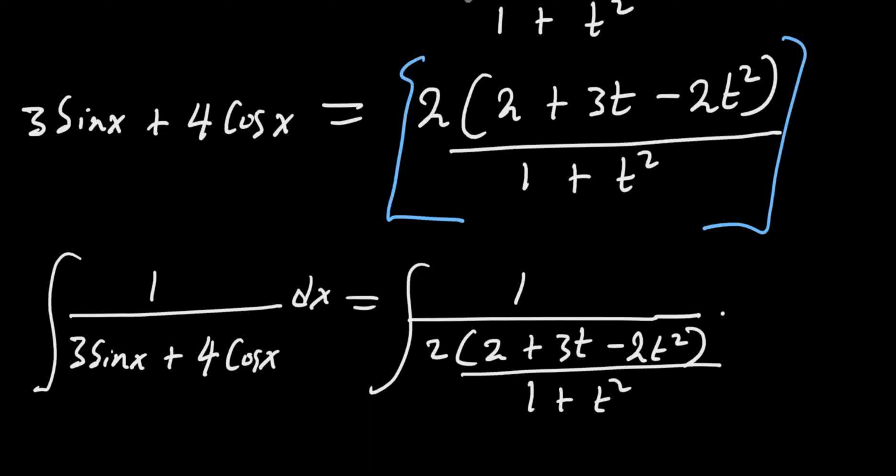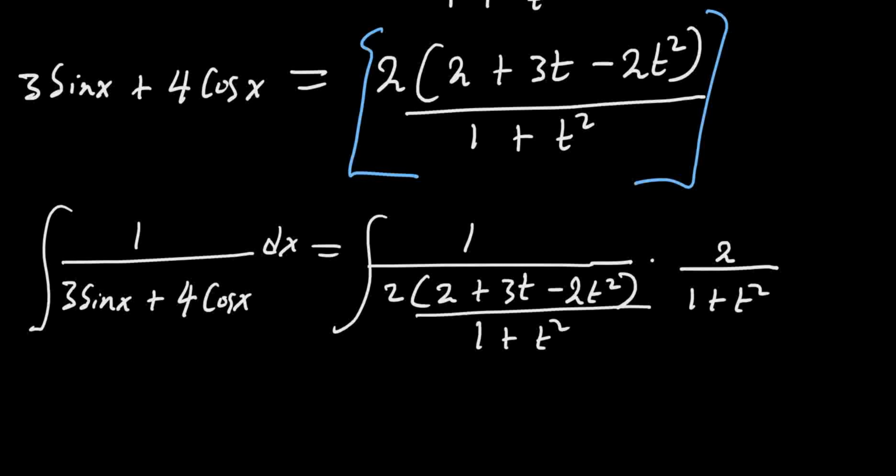Now, instead of writing dx, we are going to write down the value of dx. The dx is simply 2 over 1 plus t squared dt. Now, note that this is the denominator, and that is the value of 3 sine x plus 4 cos x.